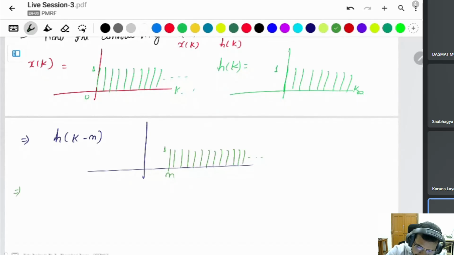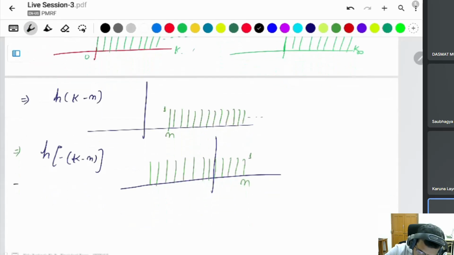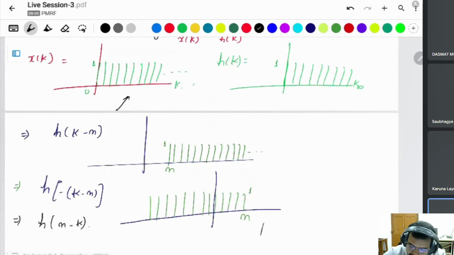Then take the scale of this one. That signal is simply the mirror image about the y axis, shifted by n, and this signal is the same as h[n minus k]. Okay, you have two signals, this one and this one.